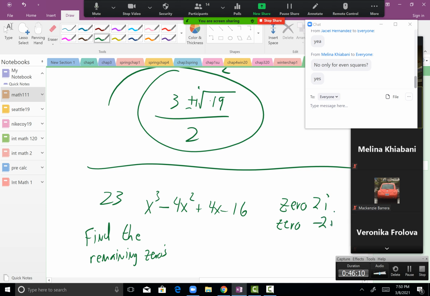Negative 2i. Good. Okay. So my thinking is that if you just take and graph this, it should give you the other one. All right, and it should be clean. Okay, so graph it and see what the other x-intercept is.